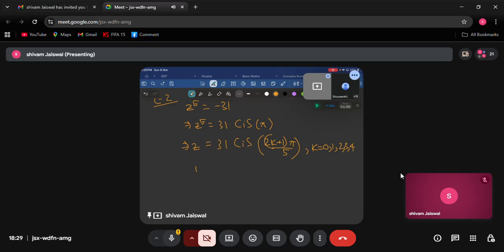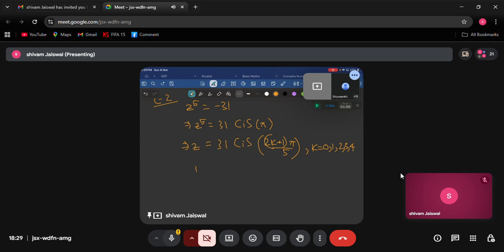Right? Next for k equal to 3, it has negative real part. For k equal to 4 also, 2 4s are 8 plus 1, 9 pi by 5.